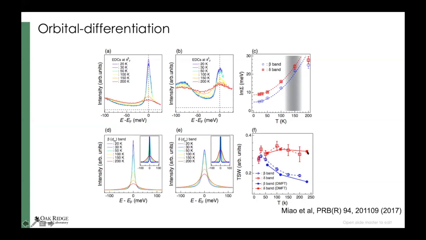The solid line is the number extracted from the DMFT calculation, which agrees very well with the experiment. So this data basically makes us conclude that for lithium iron arsenide, this particular compound, there's very strong evidence of orbital differentiation.